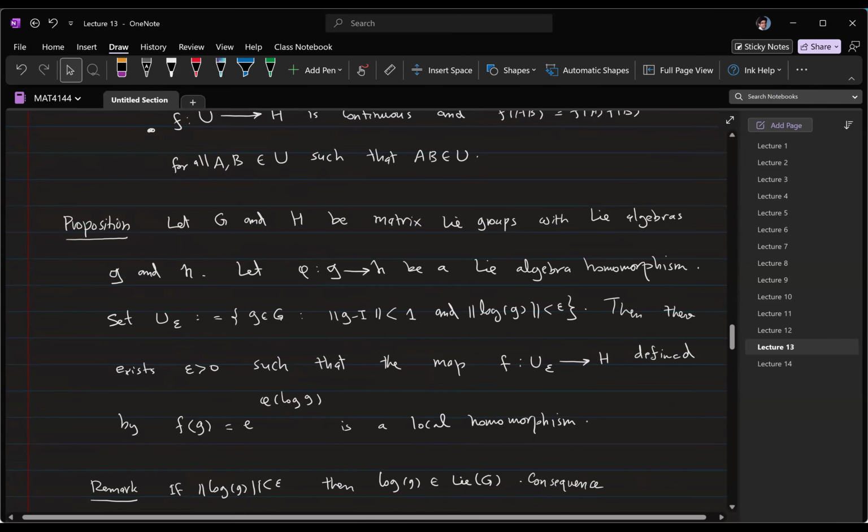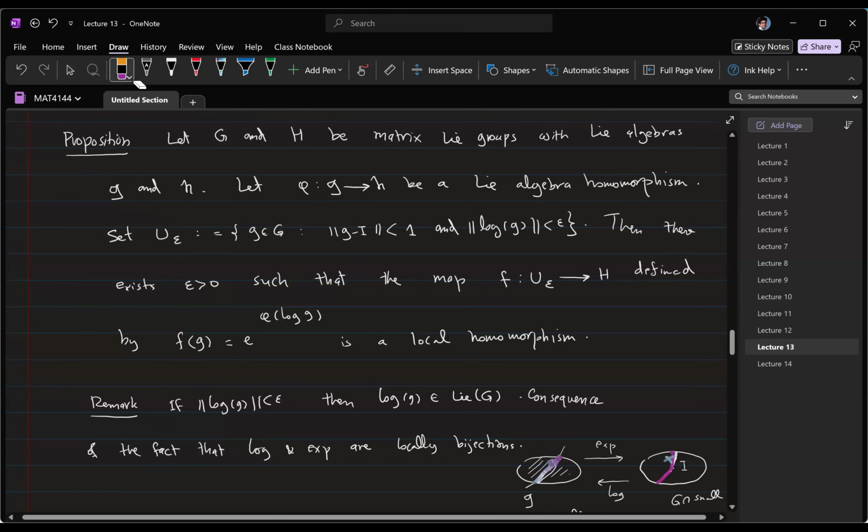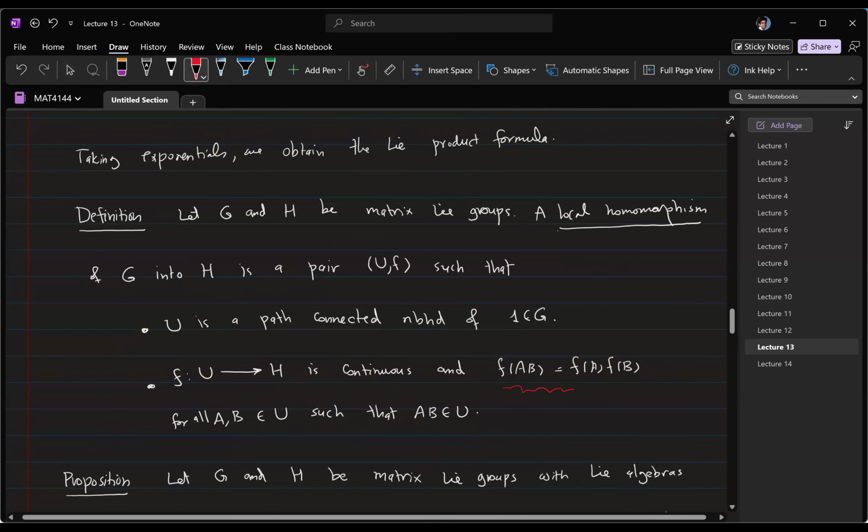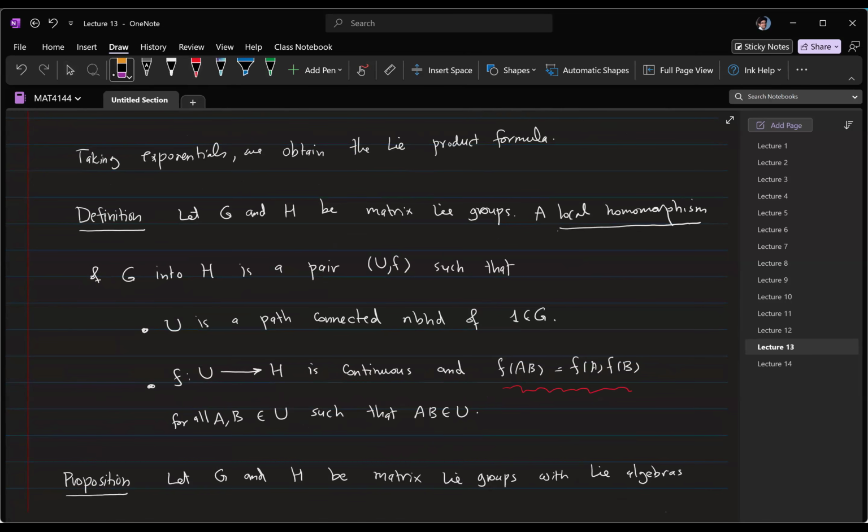So within a neighborhood of 0 in the Lie algebra and identity of the group, you can use this exponential formula to define a map F, which is a local group homomorphism, which means that it satisfies this relation, but only if A, B, and AB are within a small neighborhood of the identity element of the domain group G. So you cannot necessarily lift a Lie algebra homomorphism to a Lie group homomorphism, but at least locally you can do this.